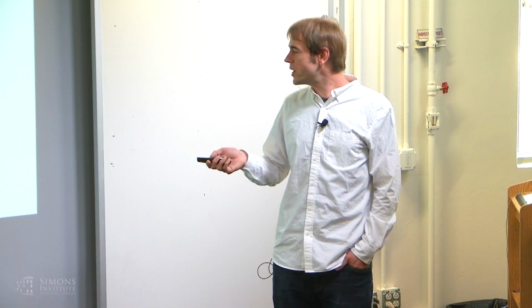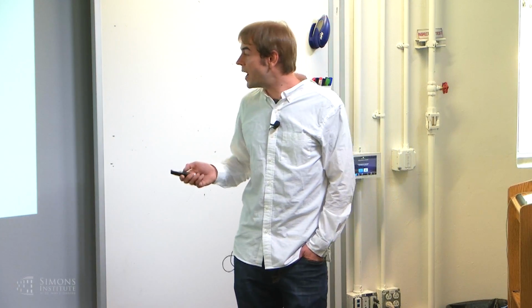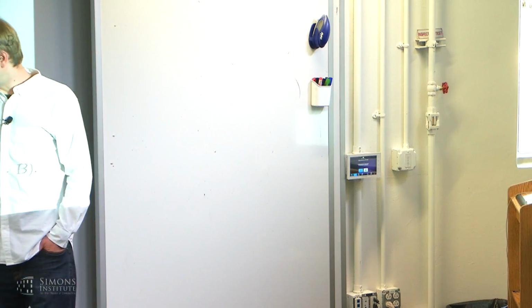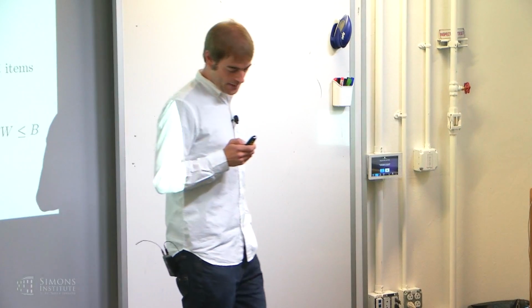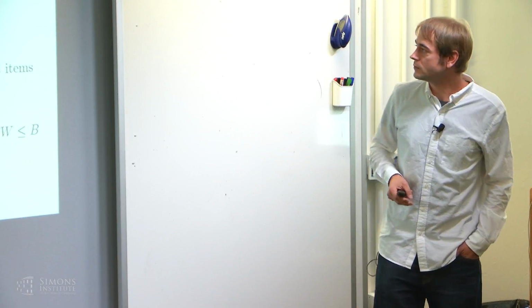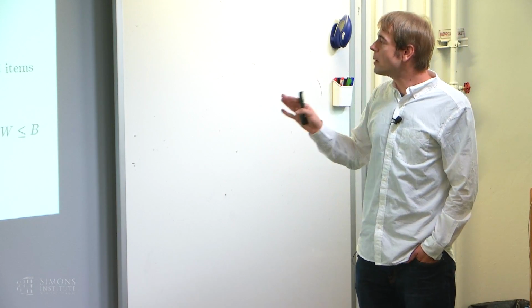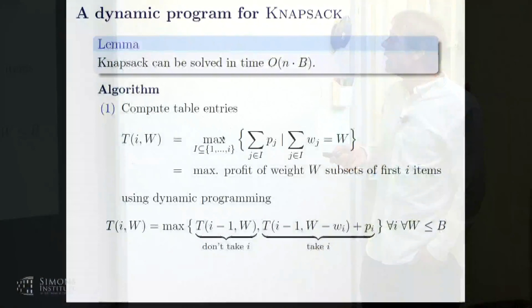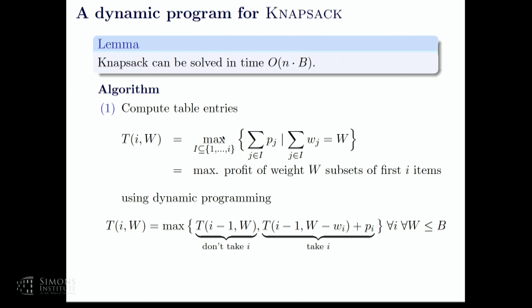And the trick is that you just use the dynamic program that's behind those pseudo-polynomial time algorithms. And here we go. You'll probably have seen this type of dynamic program before. This is the algorithm to solve knapsack in n times capital B. And you just need some table entries in your dynamic program.